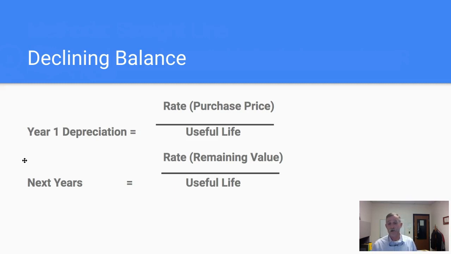From there on, throughout its useful life, we're going to take that same rate times the remaining value. Remaining value is the book value at that time, and that is the purchase price minus the accumulated depreciation, divided by the useful life for the rest of the lifetime of that asset.